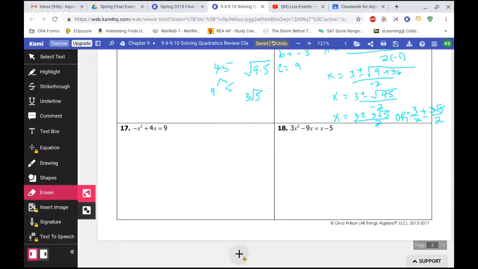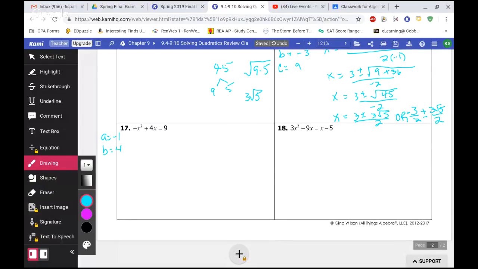All right, for number 17, A equals -1, B equals 4, and oh, this wasn't in standard form, so I have to subtract 9 from both sides. So then I have -x squared plus 4x minus 9 equals 0. And then C is -9.